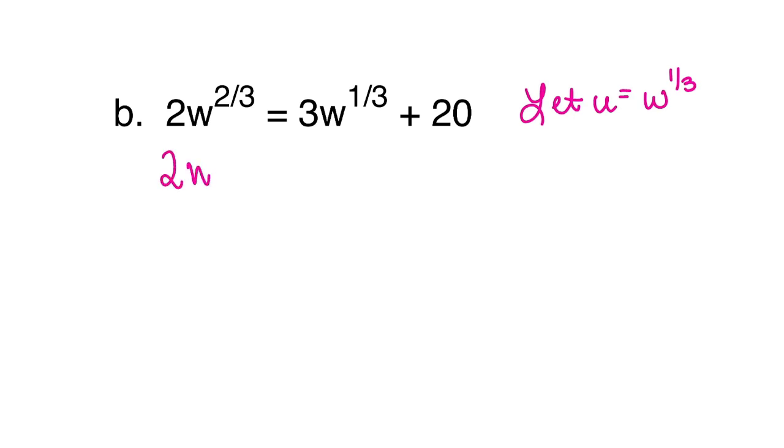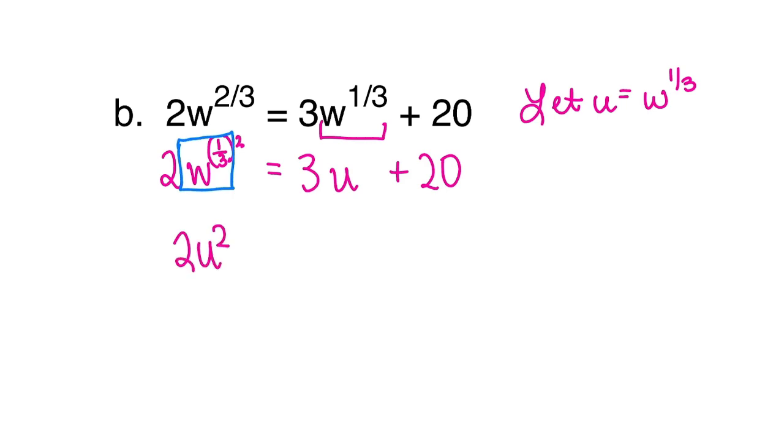So I can rewrite this problem like this for this exponent, 1/3 to the second power. And then this w to the 1/3 is just going to be a u. So this part right here can be a u. So our answer here is going to be 2u squared.